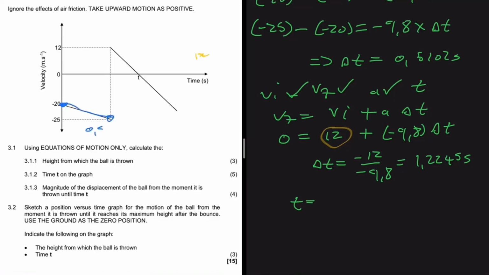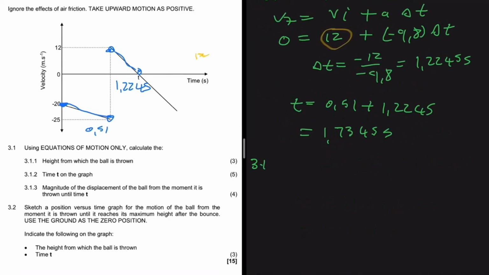Which is 0.51, and the time from here to here, which is 1.2245. So we add the two, we have 0.51 plus 1.2245, right? And that should be equal to 1.7345, about 1.73 seconds.